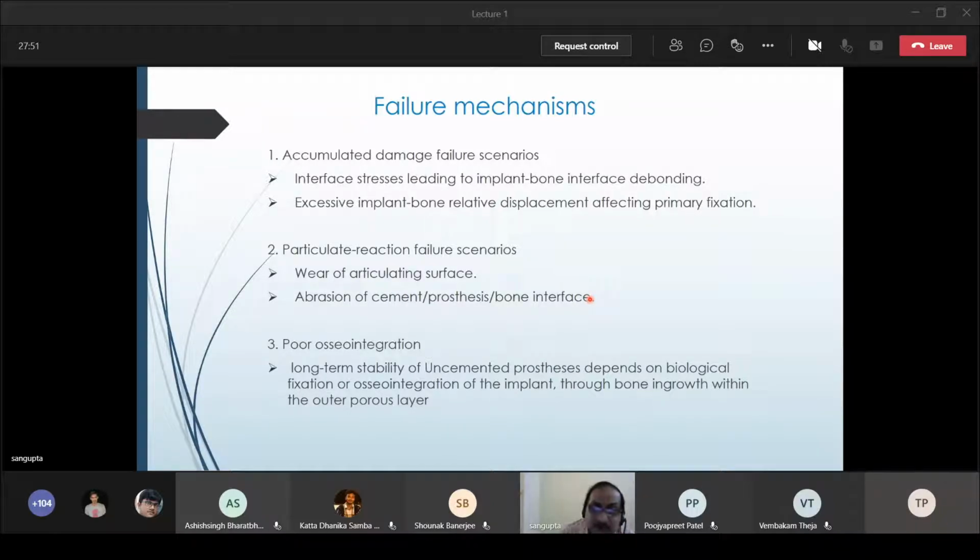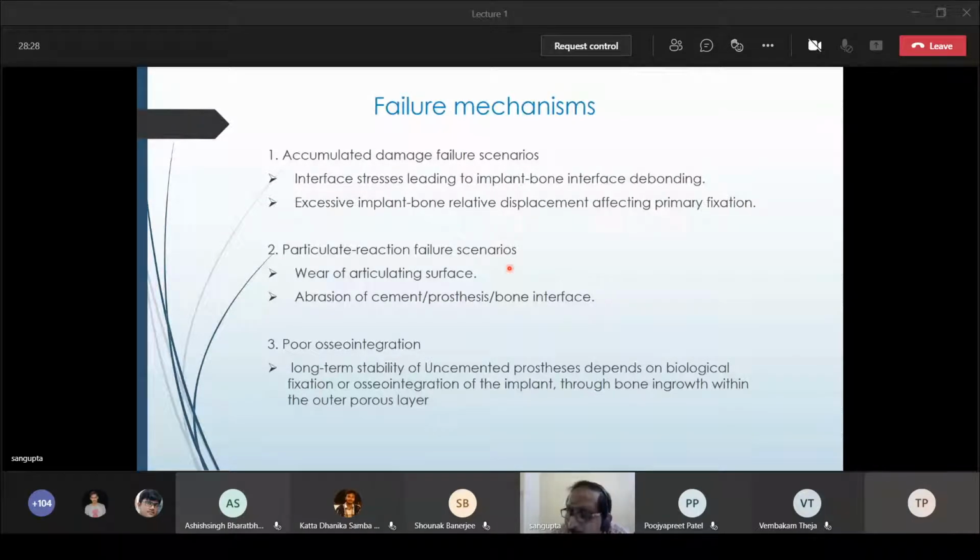The same thing happens when two components of the implant system are articulating, say a femoral head with a spherical scapular component. With continuous use, you can have a high volumetric wear rate. The higher the volumetric wear rate, the more wear particle debris is created within the reconstructed joint.